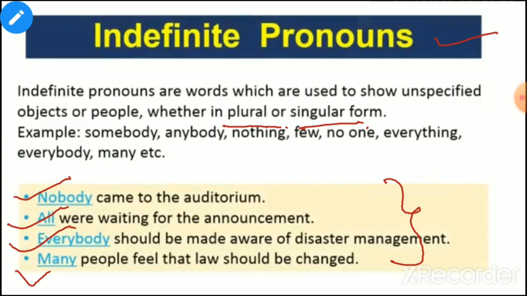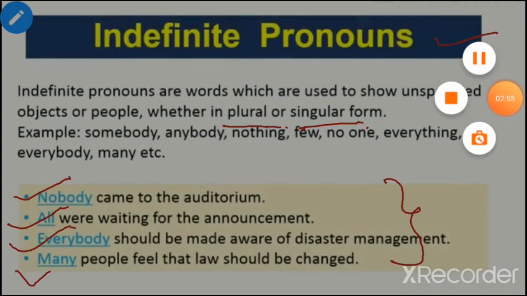So indefinite pronouns are the pronouns that refer to one or more unspecified beings, objects, or places. Here people means noun, and objects or places are not specified. Okay, I hope these are clear to you.